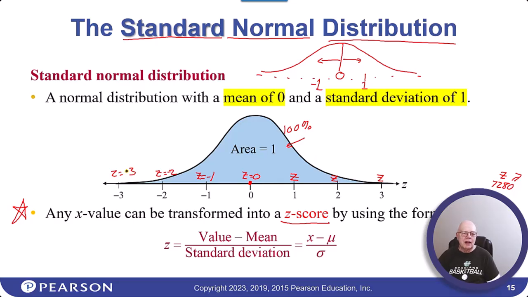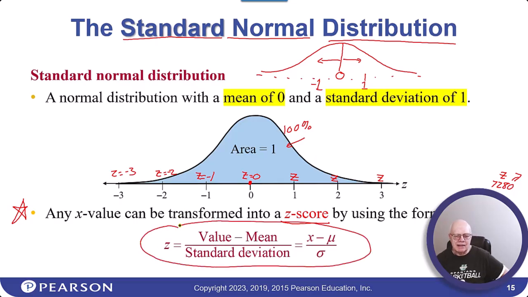Got it? How do we figure out the z's if we don't have that curve? Well, here's the formula for you. And this is what it means. To get a z-score, first of all, you're interested in some particular value. And we just call that x because it'll vary from one time to the next.